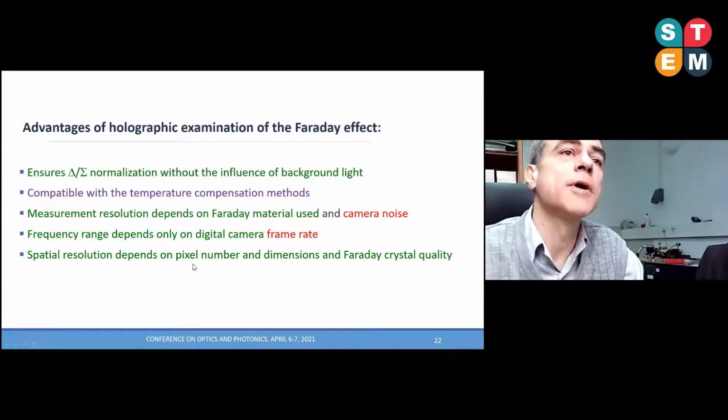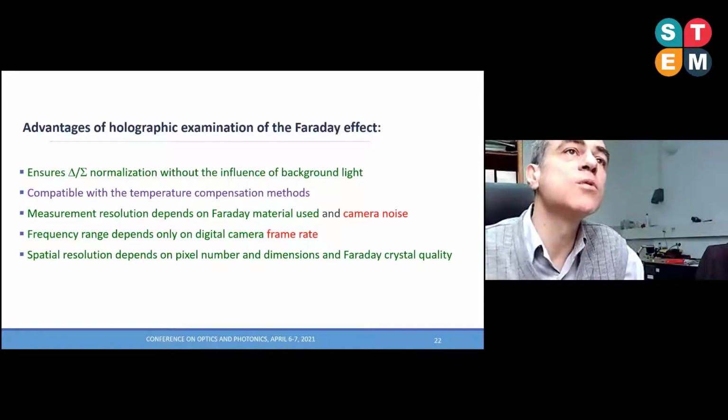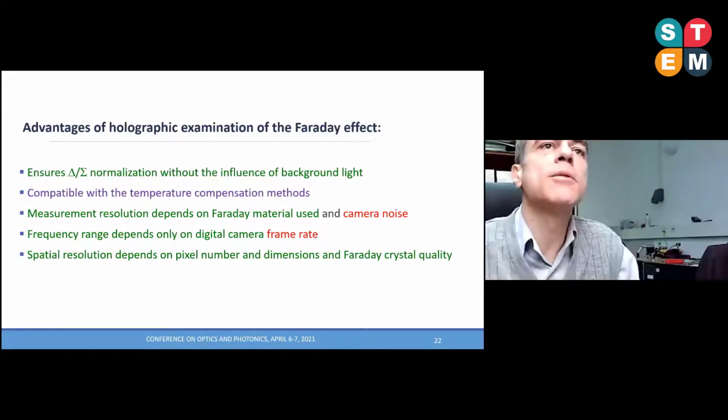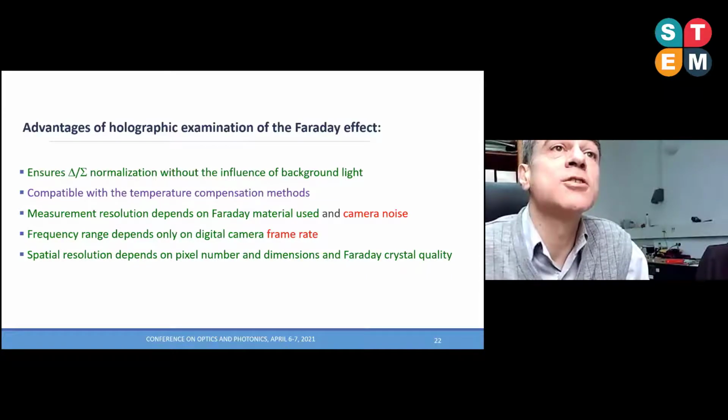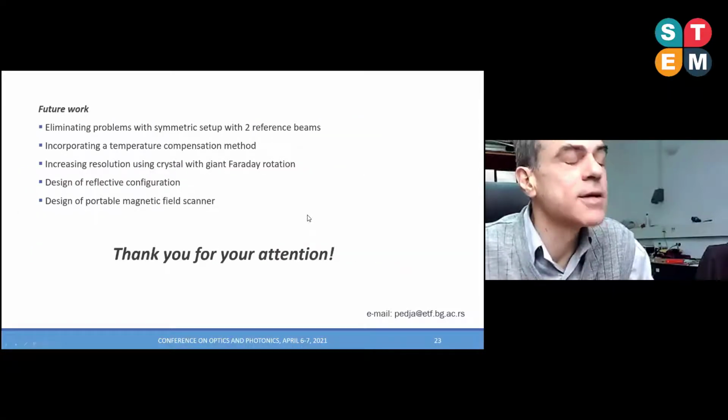So basically, with holographic examination, we can preserve all the advantages of Faraday effect magnetometry without losing any of them, and we can solve all the engineering problems that have to be solved. So we think that the answer to our question is yes.